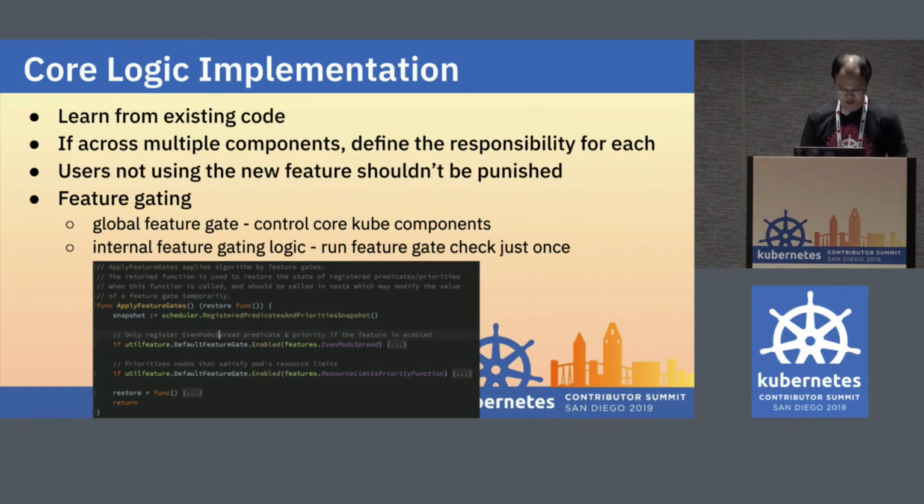For example, instead of checking the feature gate everywhere across your implementation, you can put your implementation in a pluggable unit. Upon registering your pluggable unit, just check the feature gate once. If it's enabled, plug it in, and if it's not, just leave it as is. This can save a lot of individual checking logic across your code base when you implement a feature.